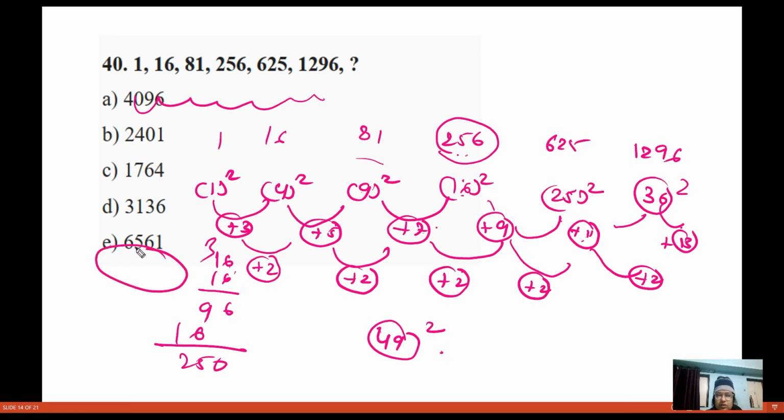So either this one would be 49 square or this one would be 49 square, because you know 9 nines are 81. But I think this one will be the square. Why? Because 6561 is too big.